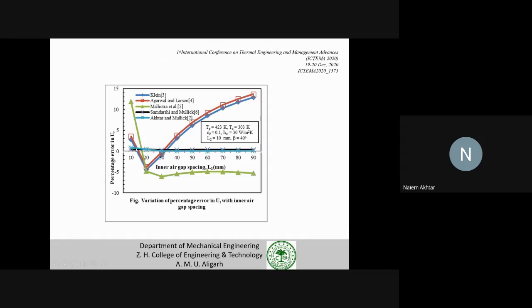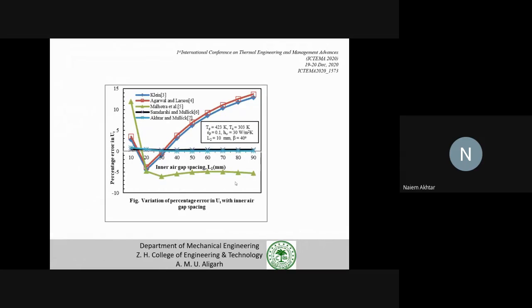Some of the relations give the very correct value, that is, the error is 0%, but it is for certain assumed values of the design parameters of the collector. For other parameters, the deviation is much higher.